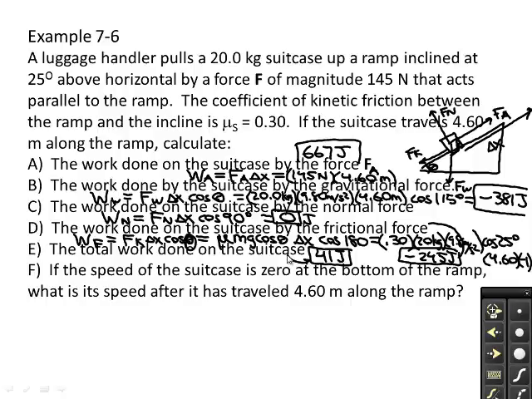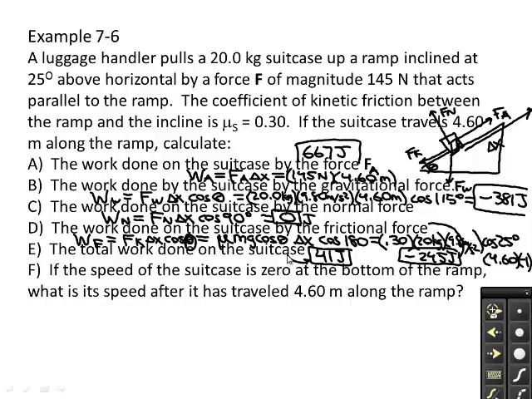Okay, so an additional 41 joules was added to the suitcase. The suitcase starts from rest, we'll say. So 41 joules of work means 41 joules of kinetic energy was added.